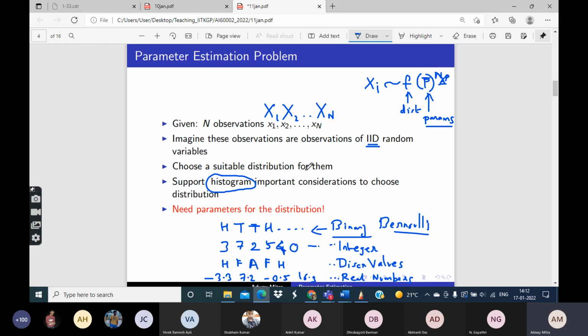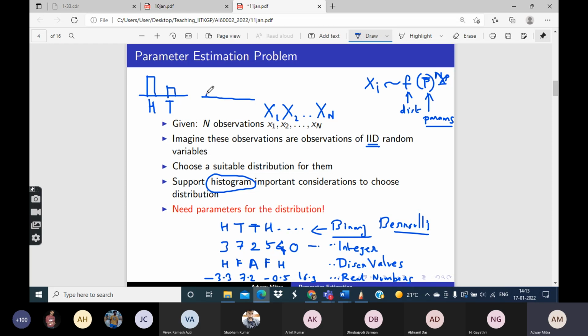Whatever observations we have got, we can always plot a histogram of it, right? So the histogram may look like this. Suppose we have got only binary data, H and T. If we plot it, we may find that the histogram looks somewhat like this. Now if we have got real valued data, then we may plot the histogram, and you know how to plot the histogram of real numbers.